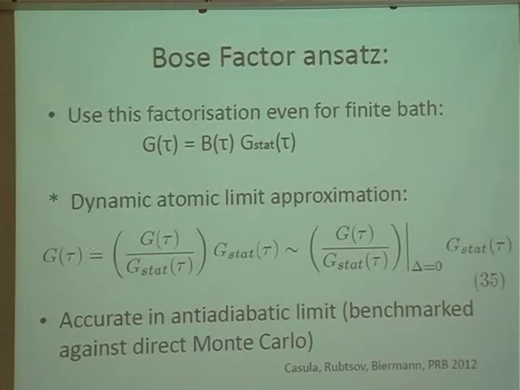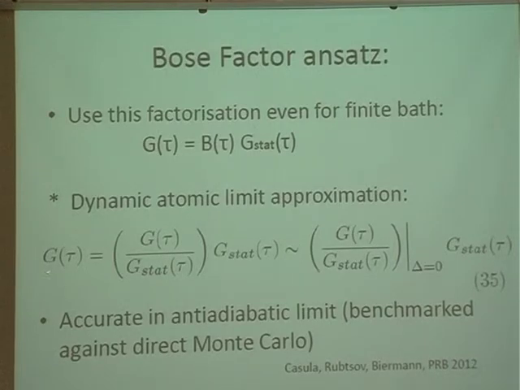So that means we write the Green's function, that's an exact rewriting, as the Green's function of a static impurity model times this factor b, and approximate this factor by its value in the atomic limit, which is nothing else than saying that we take the exponential of the slide before.